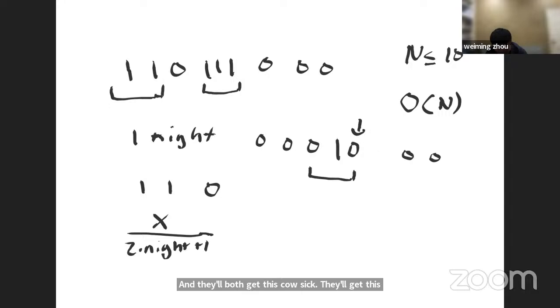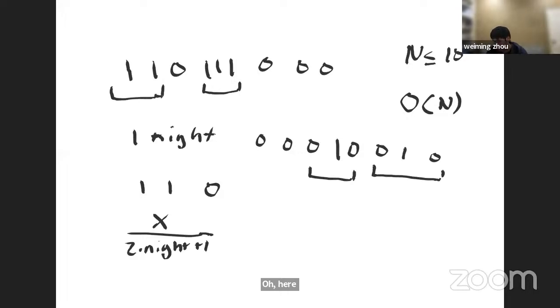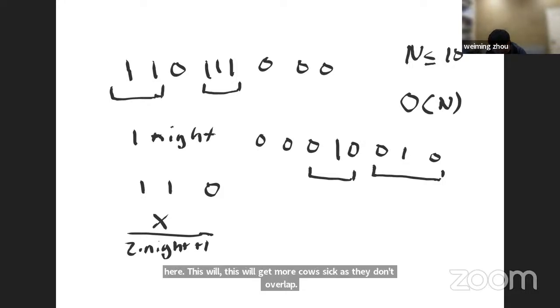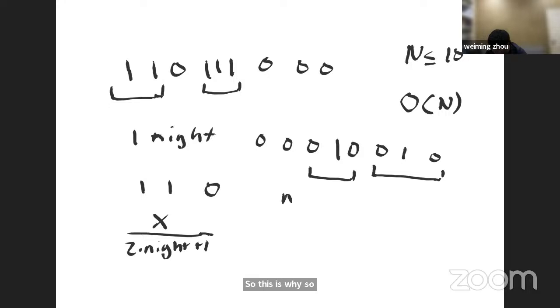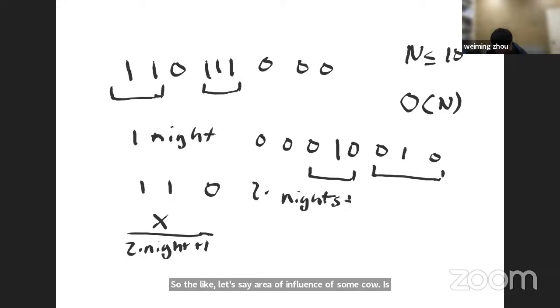But instead, if we had placed this cow out here, this will get more cows sick as they don't overlap. So this is why. If we know that it'll take n nights, let's say the area of influence of some cow is equal to 2 times n plus 1.